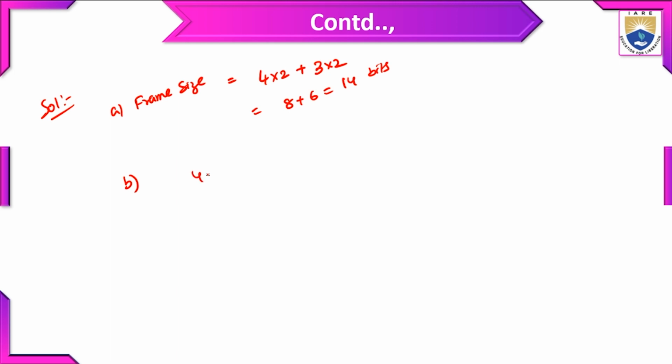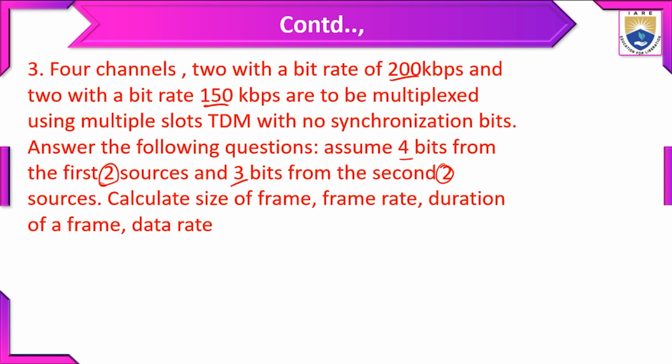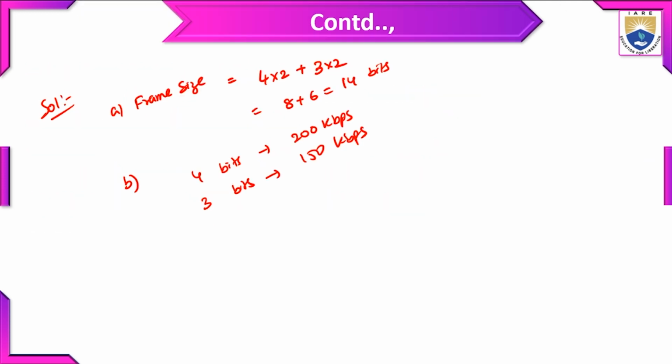That means 4 bits from each 200 kbps and 3 bits from each 150 kbps. Why? Because they gave it in the problem: 200 kbps and 150 kbps. Okay. So from this we go on to calculate the frame rate.